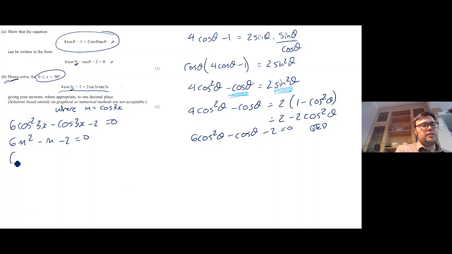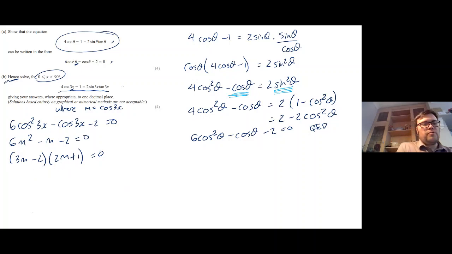This can be factorized by 3m minus 2 and by 2m plus 1 equal to 0. Split in the 6m, 3m times 2m is 6m squared, minus 2 times 1 gives you the minus 2, and then that's going to give you plus 3m and minus 4m, which will give you the minus m in the middle.